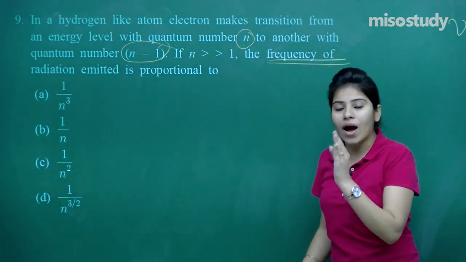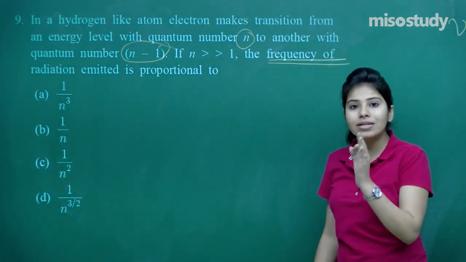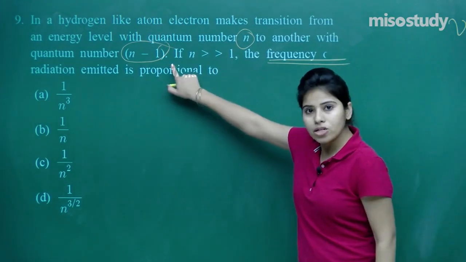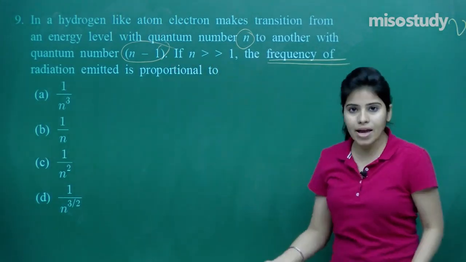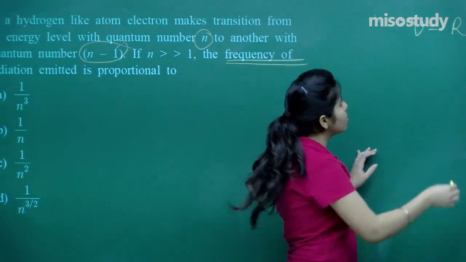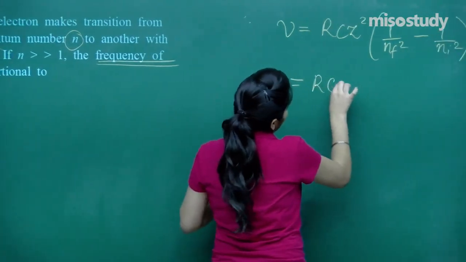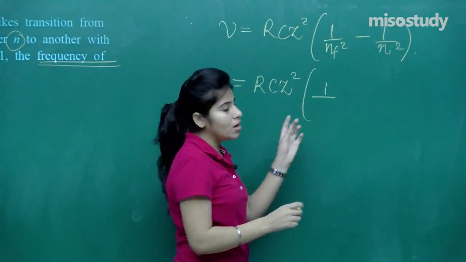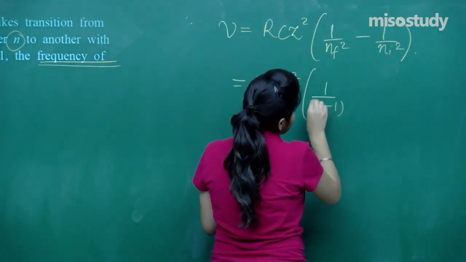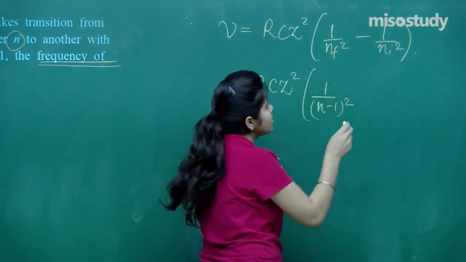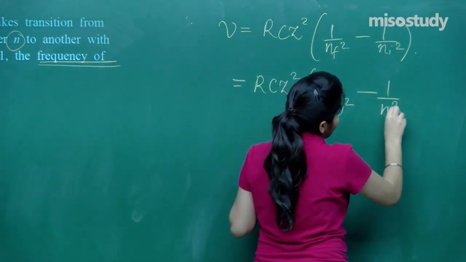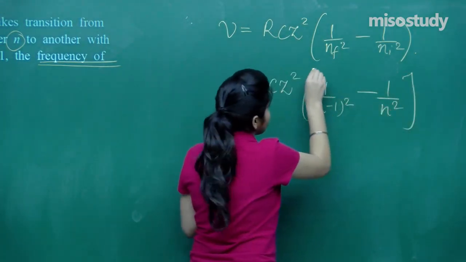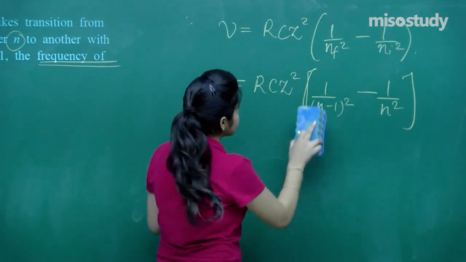That means the final energy level will be n minus 1 and the initial will be n. So we are going to put RC(Z) square into 1 upon (n minus 1) square minus 1 upon n square. So we can solve for this.